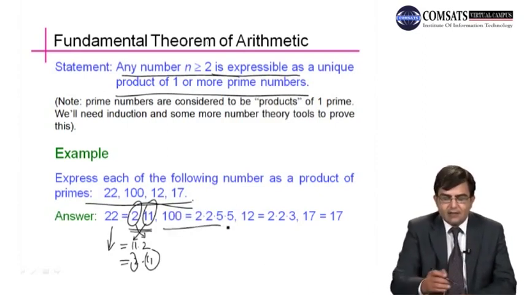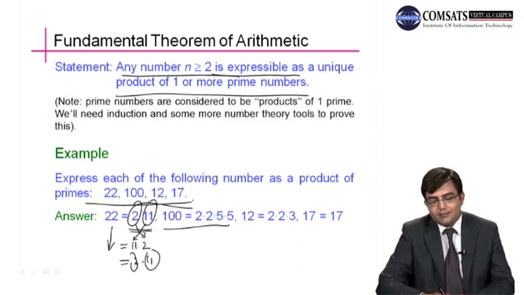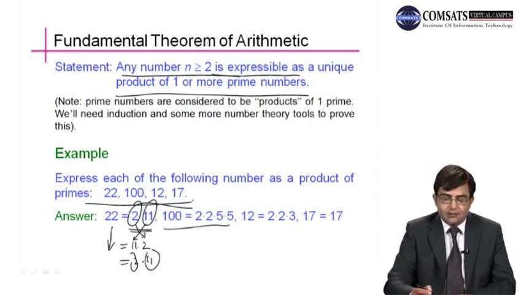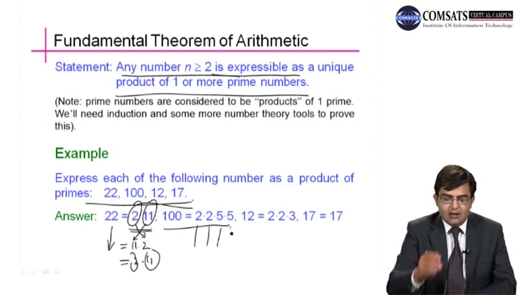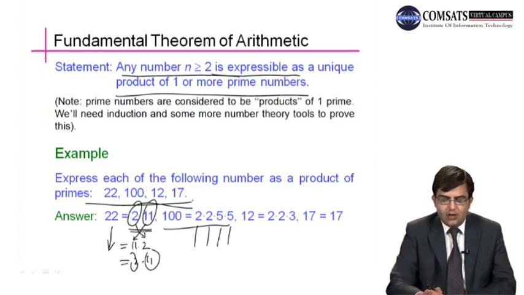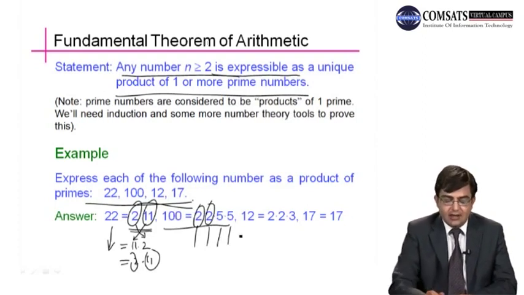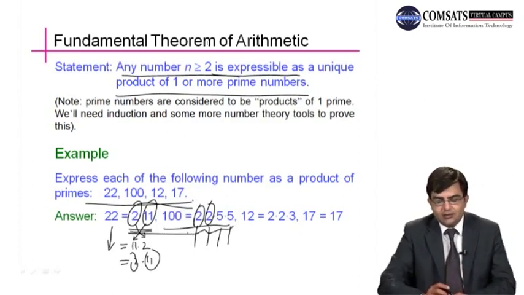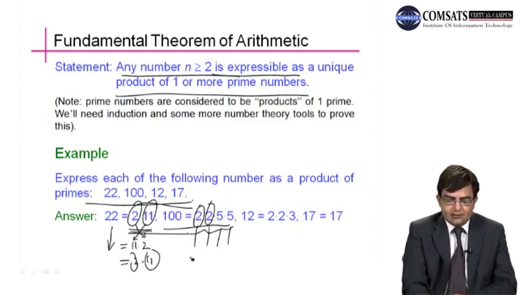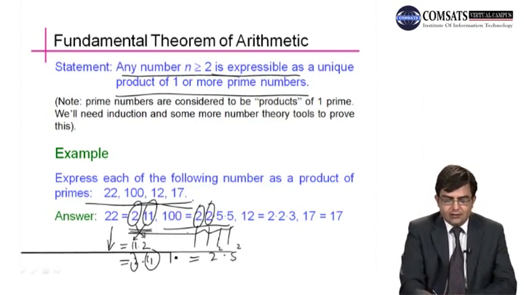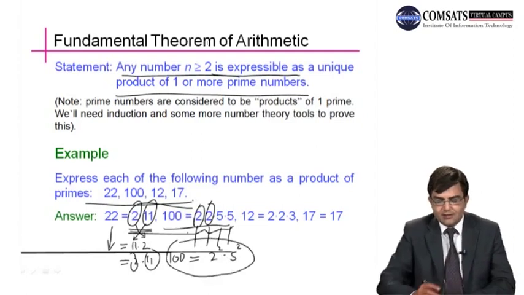So 100 again can be written as a unique expression. 100 has a unique expression in which prime numbers are multiplying. One prime number can appear more than one time in that expression. This is allowed. So we can write 100 as 2 power 2 into 5 power 2. So this 100 has this unique expression of the product of prime numbers.